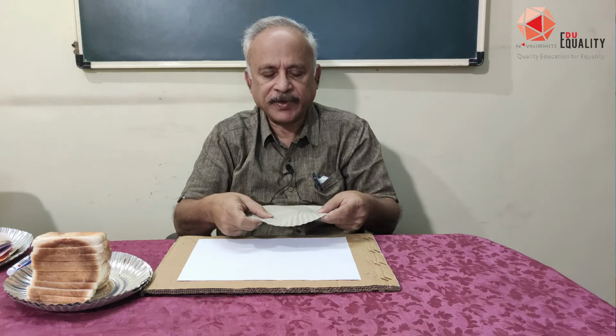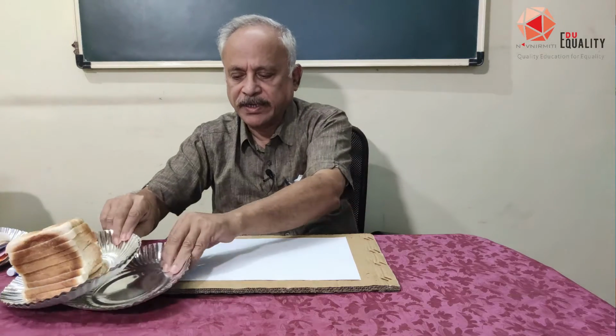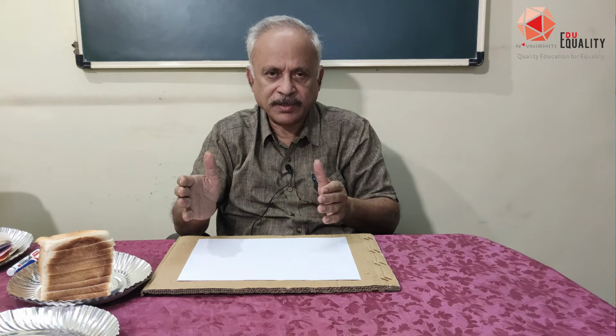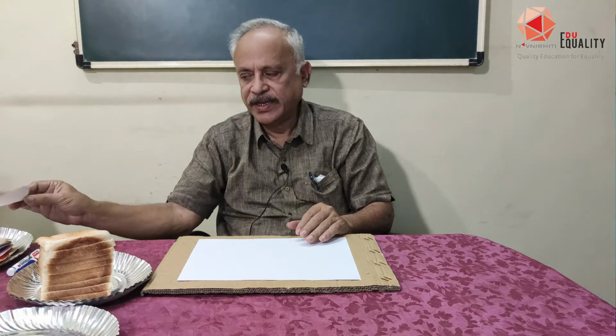We can use a paper plate itself as our whole. So all these materials you will need for the session today, which is rectangles and circular wholes. This is my one. So let us begin with a very simple problem.